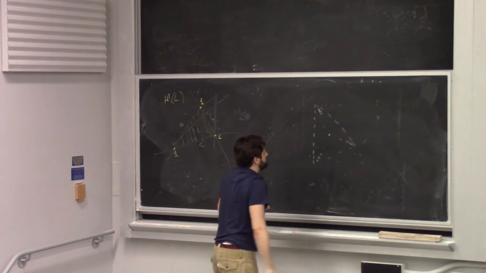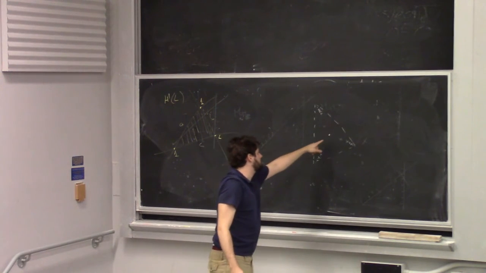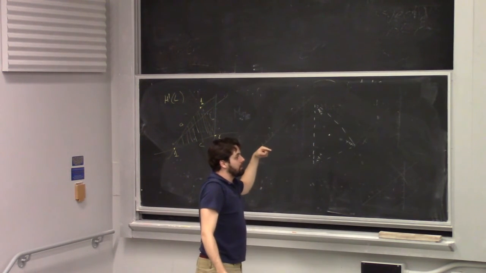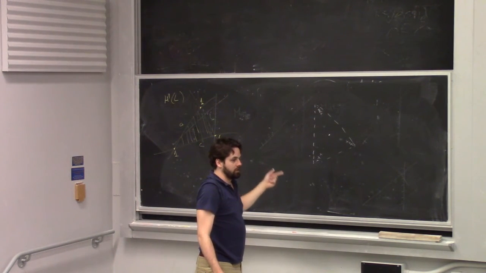But my claim is that the exact tori that I get on the complement remain non-Hamiltonian isotopic to each other.